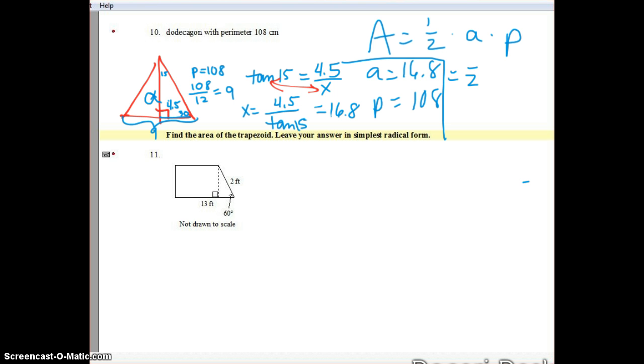So 1/2 of 16.8 times 108 is our solution, which should be 906.9 centimeters squared.